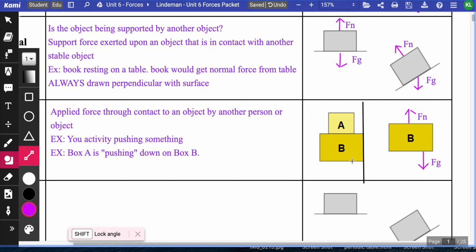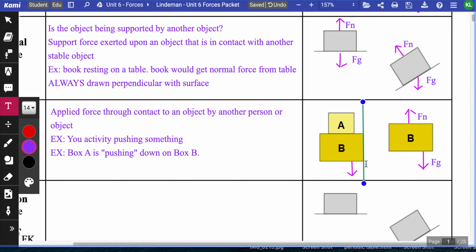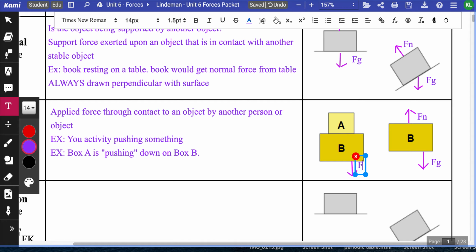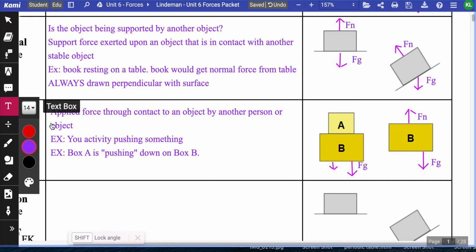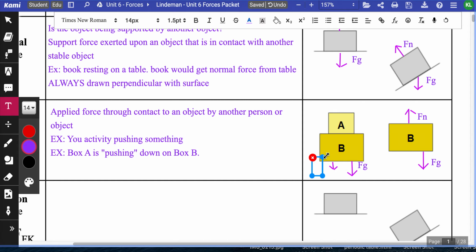so we're still going to have Fg. I'm just going to delete that line. So we're still going to have Fg. But now we're also having Fp. And Fp is from box A pushing down on box B. Okay.